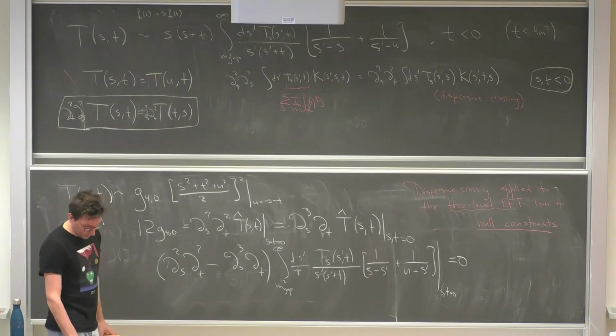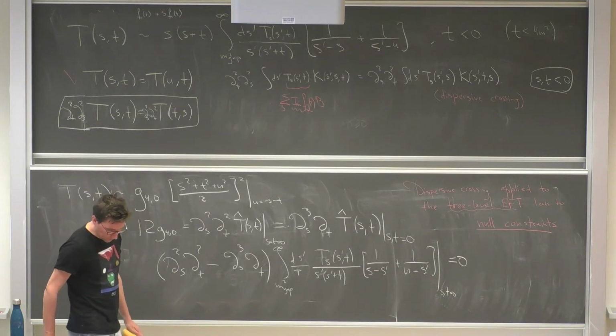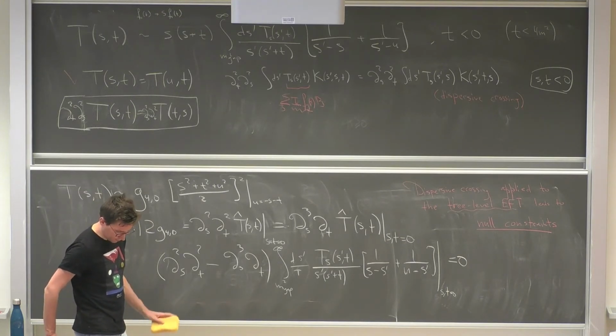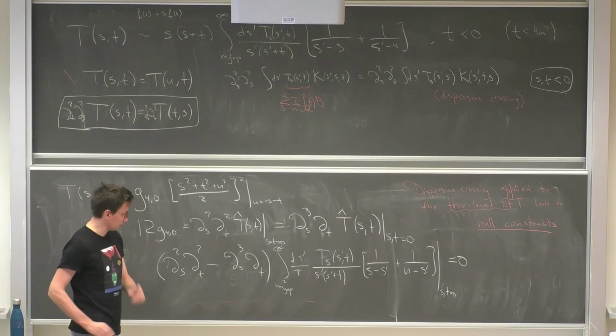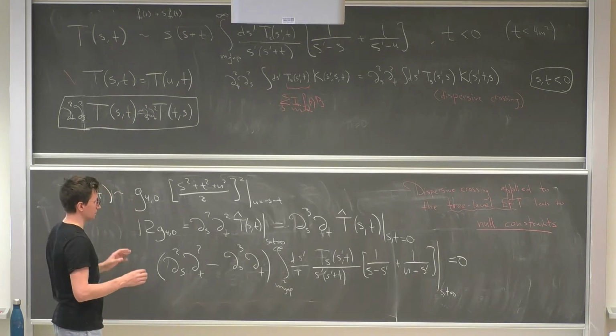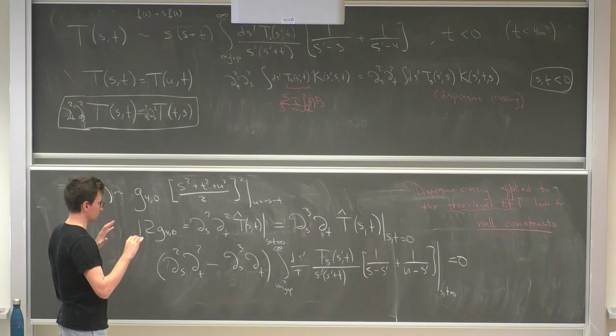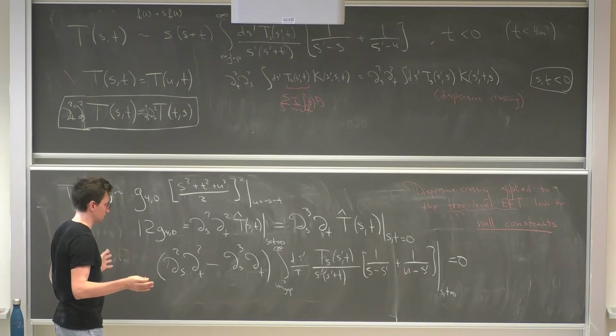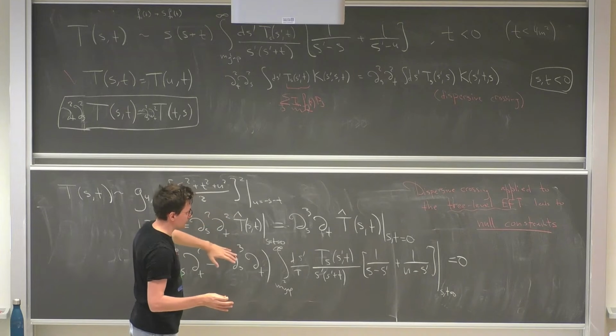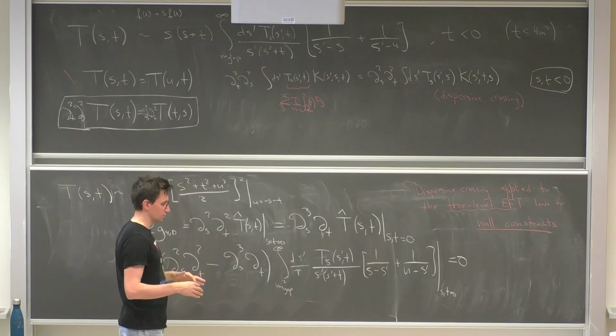Okay, so at this point I would like now to come back to Francesco's comment. Let's say you take all these null constraints and you apply them to tree-level EFTs.